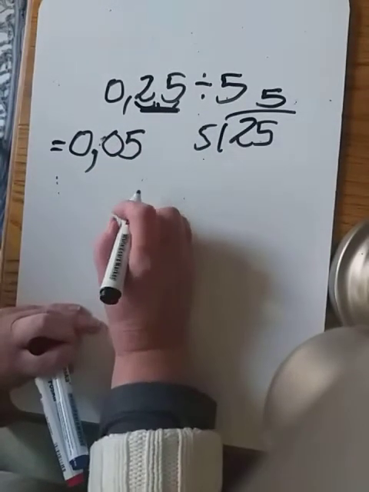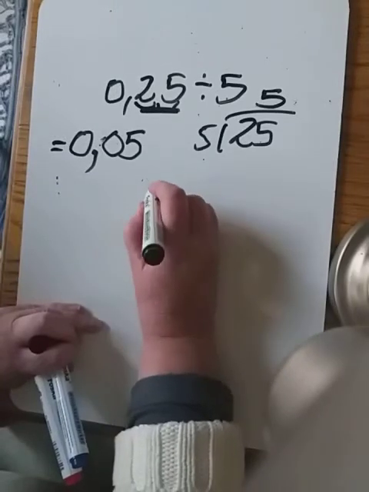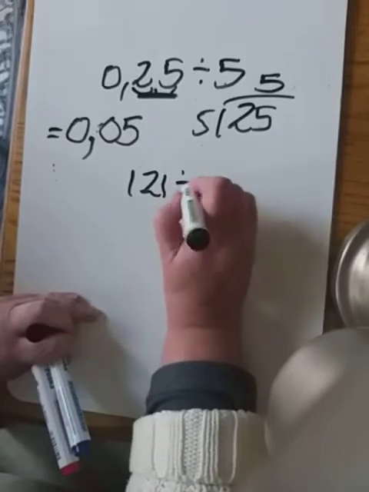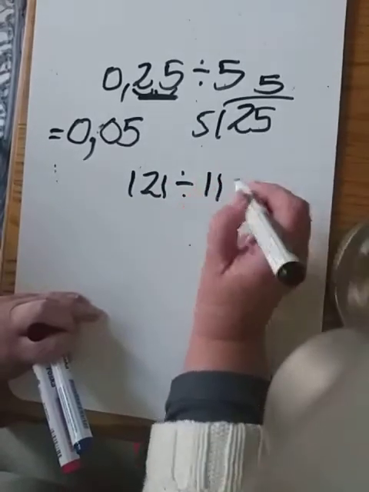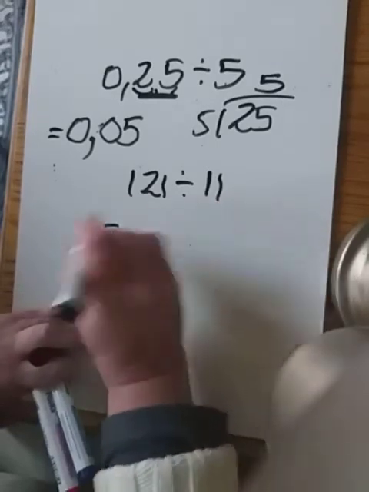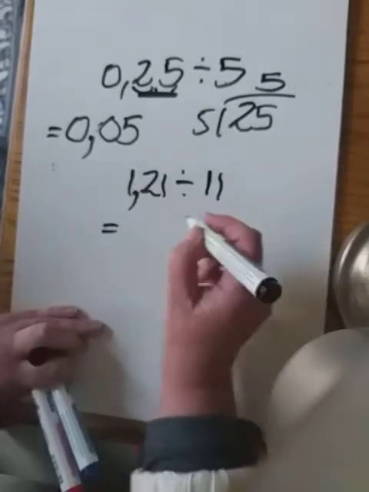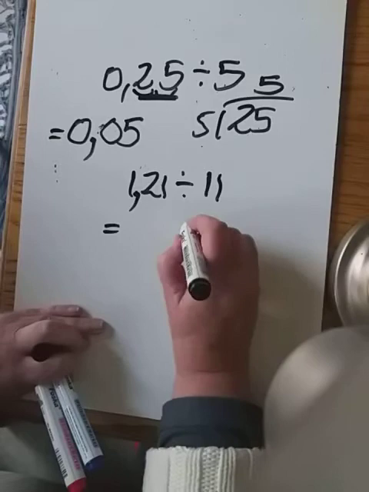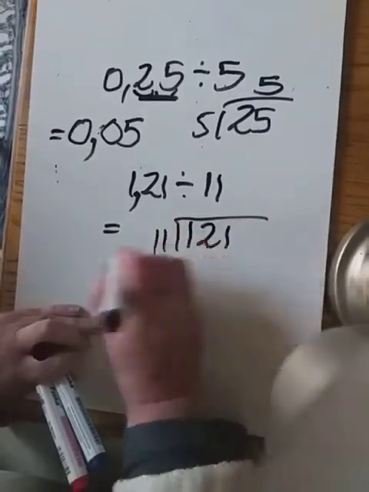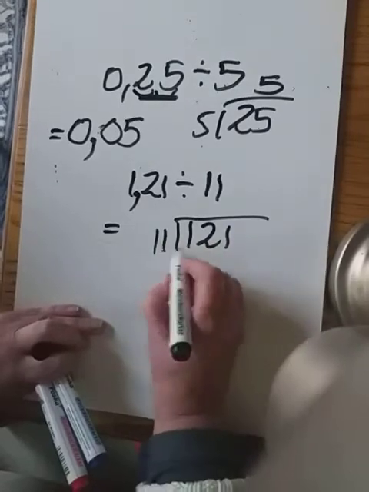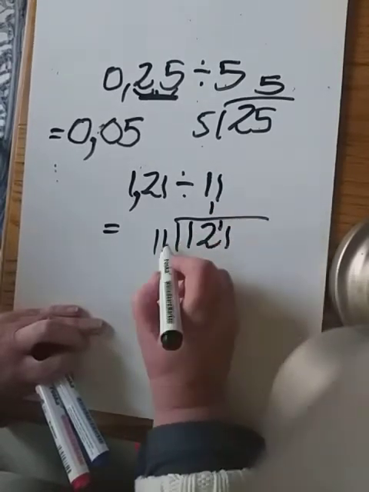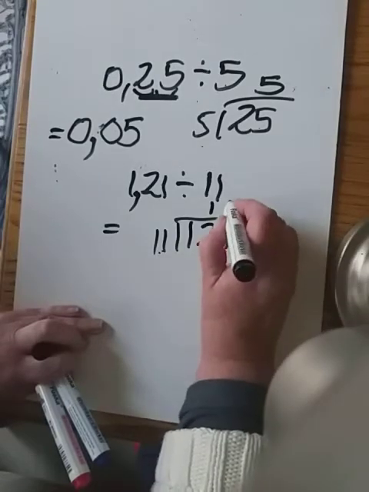Okay, I'm going to show you another one of these. So if I've got 1,21 divide by 11. All I do is say 121 divide by 11, like a normal sum. 11 goes into 12 once, and there's 1 remaining. 11 into 11 goes once.